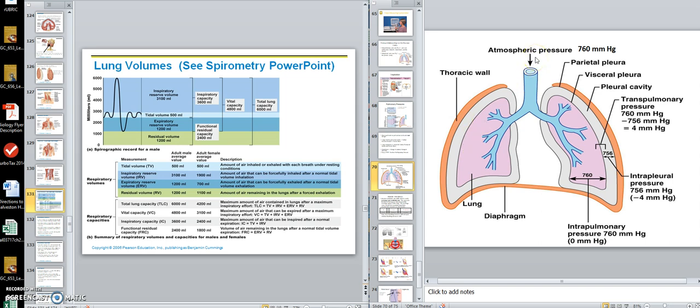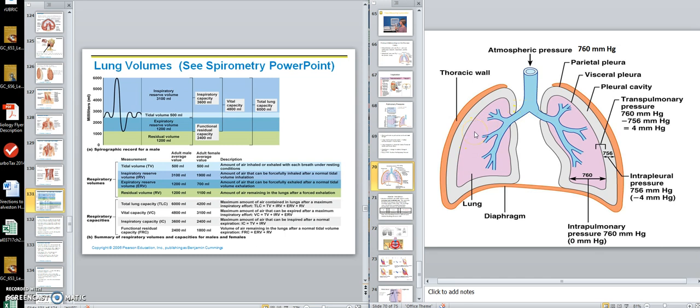So, right now, let's say your mouth and nose are open and you're not breathing in or out. So, let's just start. You're not breathing in or out. That means that you have equilibrated your atmospheric pressure with the pressure inside the lung. All of it's now equilibrated. So right now, let's say it's 760 here, 760 here, and 760 here.